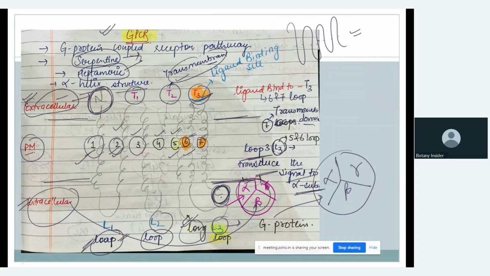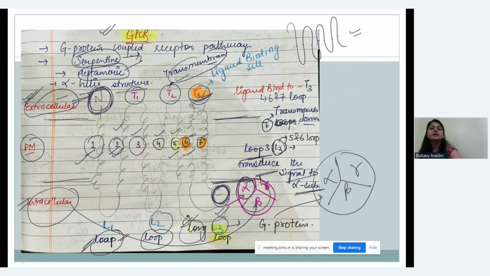In the very first step, the extracellular domain, the N terminal, receives the ligand, and the ligand binds to the N terminal. The signal would pass on from loop 1 to 2 to 3. From loop number 3, the signal is passed on to the alpha subunit.